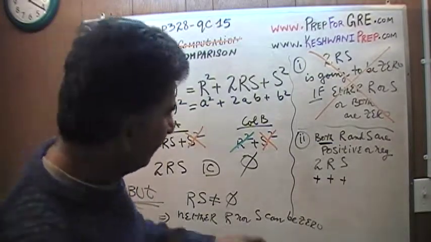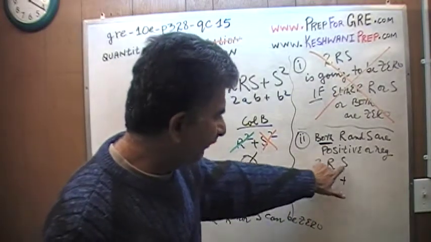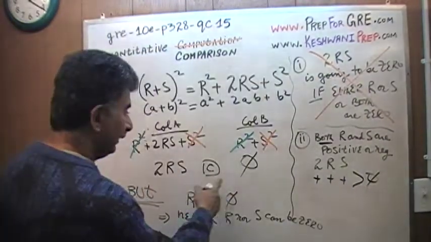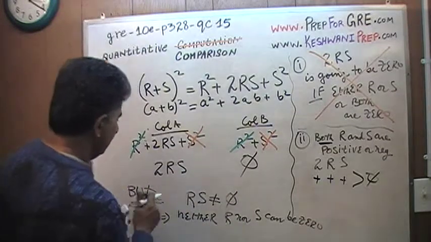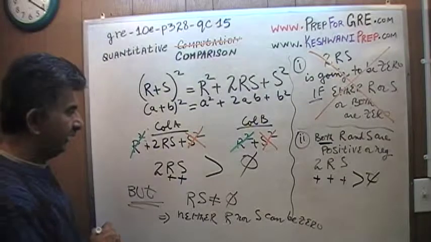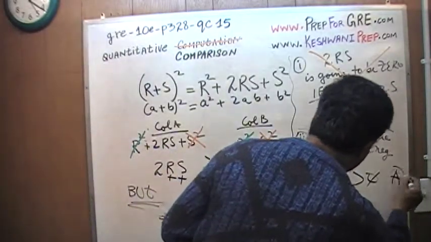Then 2 times R times S, with 2 positive, R positive, S positive, is going to be more than 0. In which case the answer is going to be A.